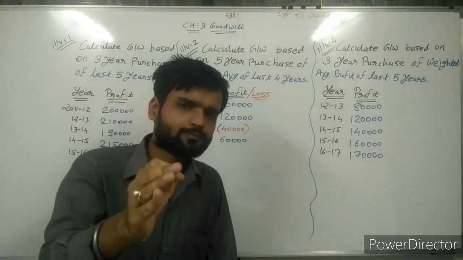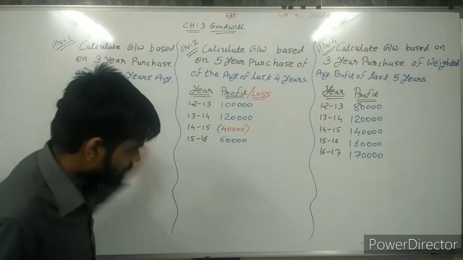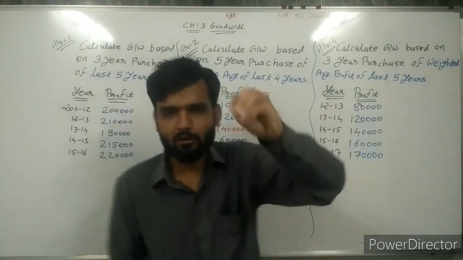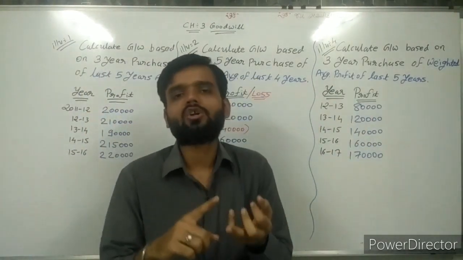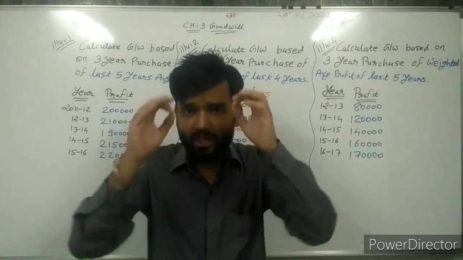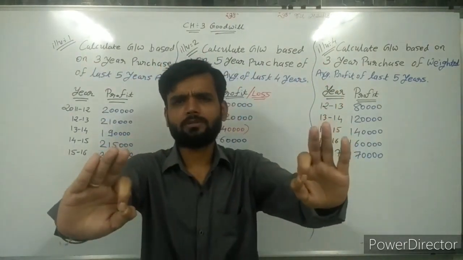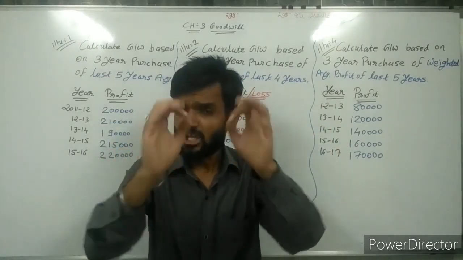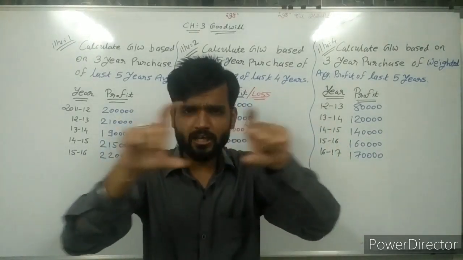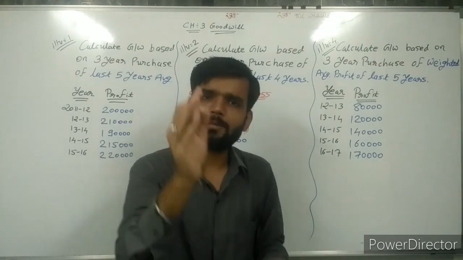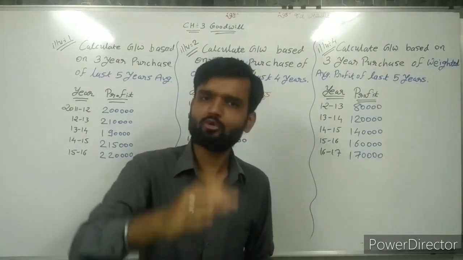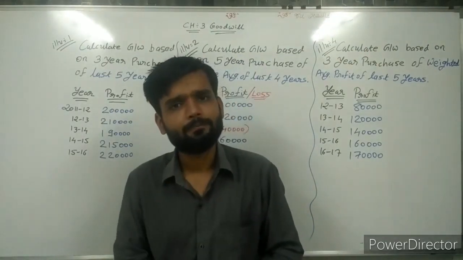Now, I told you, from these three sums we have to apply simple average or weighted average. Try to understand: if the question clearly gives information to use the simple average method, then you have to use the simple average method.